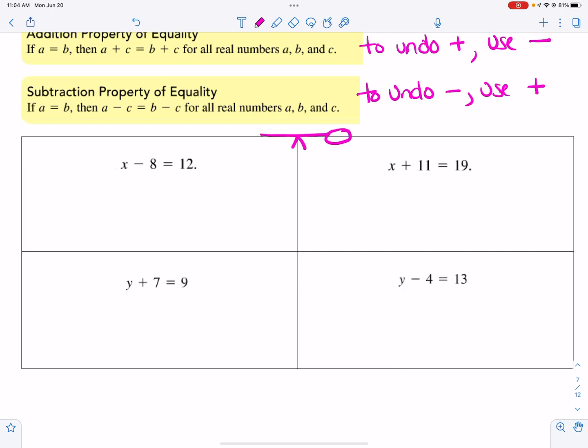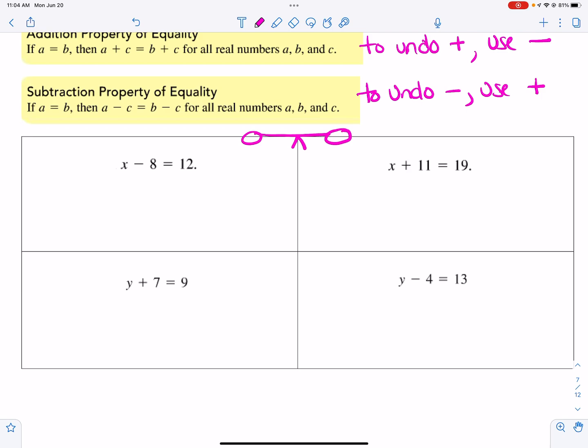And when we have this scale, we want to keep our equation always balanced, okay? So whatever we do to the left-hand side of the equal sign, we must also do to the right, or vice versa. Your equal sign is going to be the fulcrum of the scale.